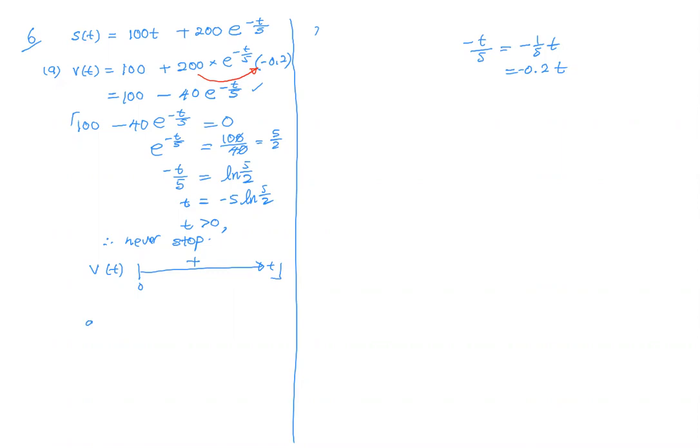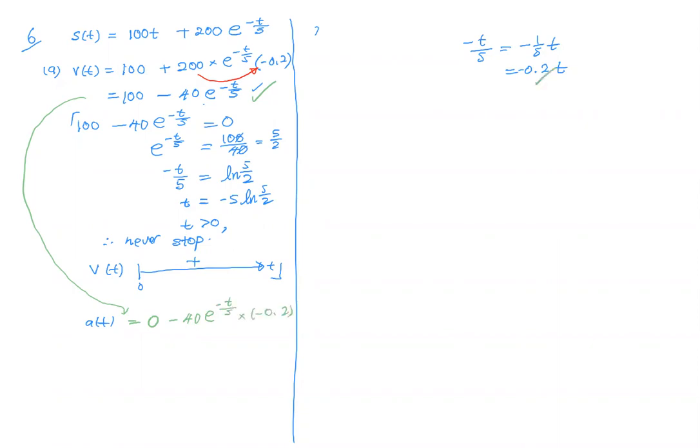So for acceleration, you differentiate the velocity here. You differentiate 100, you get 0, then negative 40, e to the power negative t over 5, times negative 0.2.